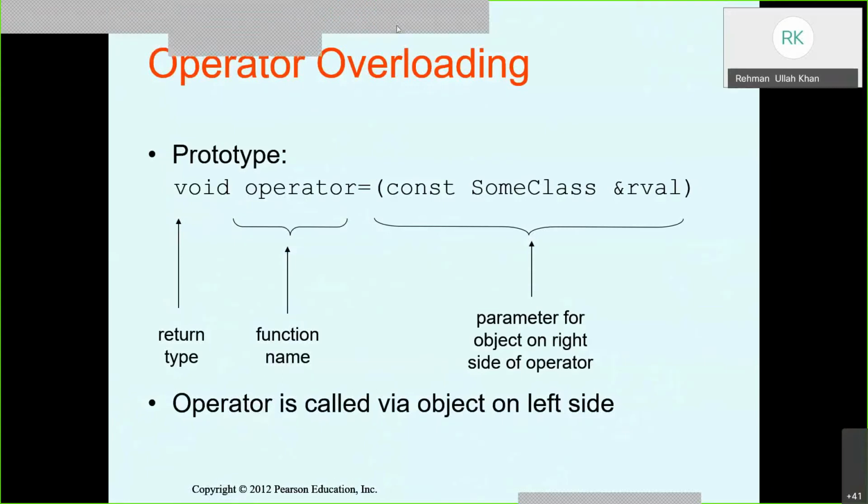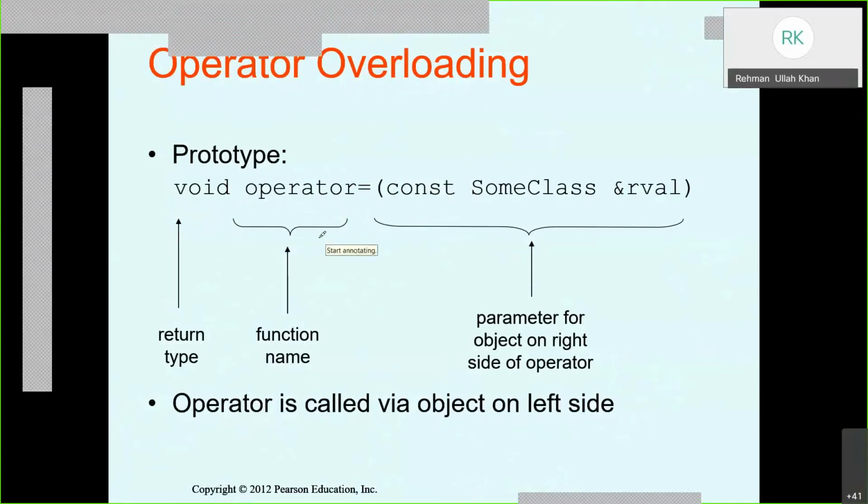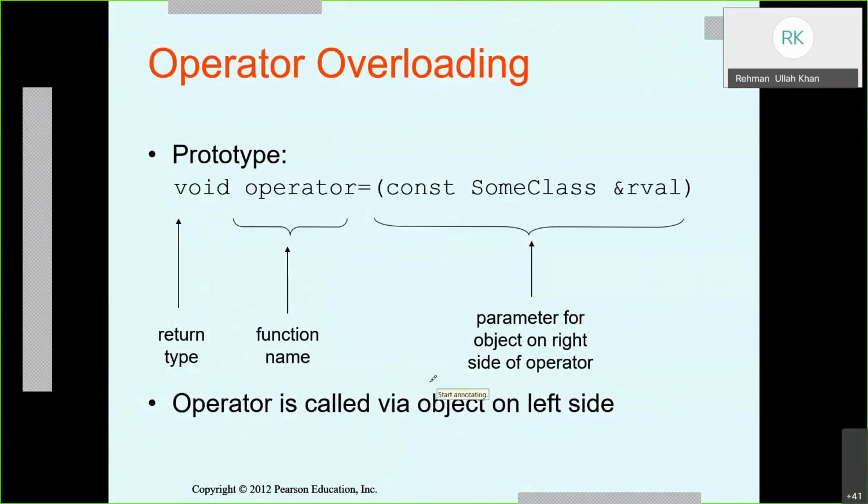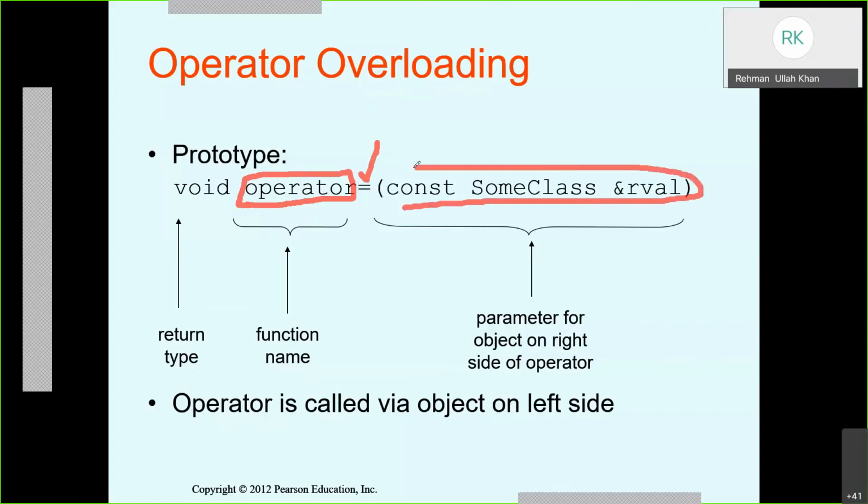To overload, we define a member function, and the function name will be operator. You must use the word operator, and after that you type the operator you want to overload, and after that you provide the arguments. The argument can be anything, it's not compulsory that it must be a reference.